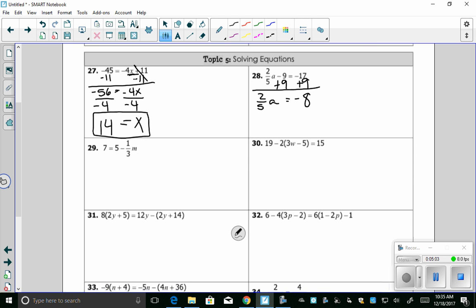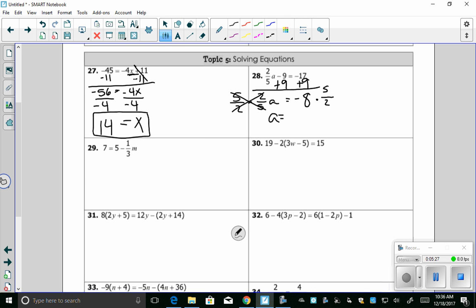From here, I have to multiply by the reciprocal. So the reciprocal of a fraction is just flipped. So I'm going to multiply both the left side and the right side by 5 over 2, so that my 5's and 2's cancel out.